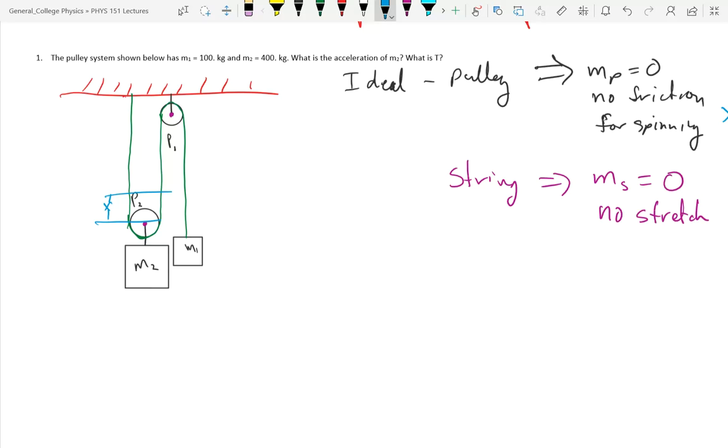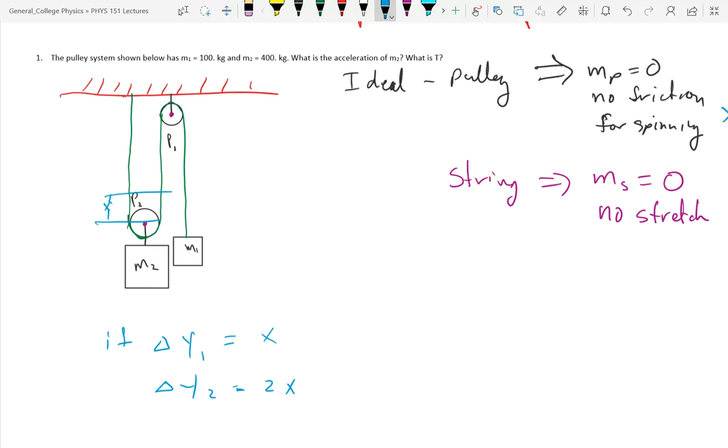X. So if there's X missing on both sides, what's the total amount missing there from pulley 2? 2X. So how much is mass 1 going to move down if mass 2 goes up a distance X? 2X. So that means if change in height 1 equals X, then change in height 2 is equal to 2X.